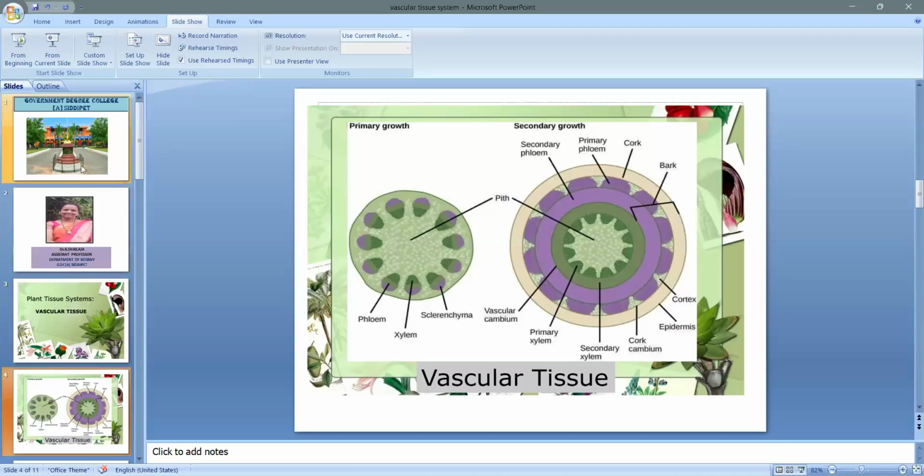See here in this vascular system, this is the xylem, this is the phloem, this is the cambium, the vascular cambium. In the central part is the pith. Actually, these vascular bundles are located in the stele.